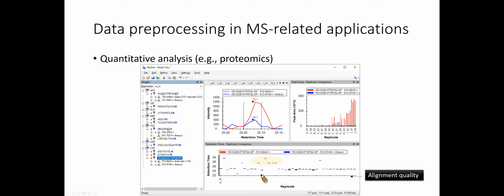The bottom panel, the retention time comparison window, illustrates the alignment quality, where the samples highlighted in yellow shade may have the retention time drift. You can inspect those peaks and reintegrate the area manually.